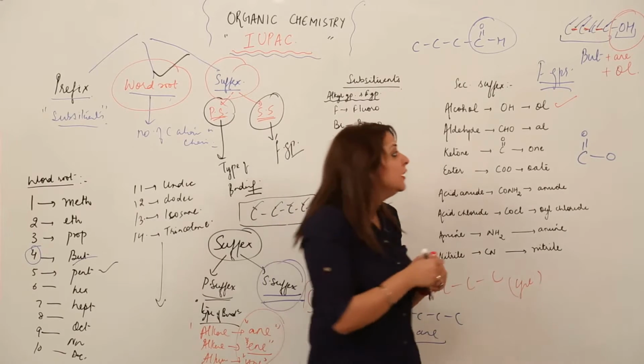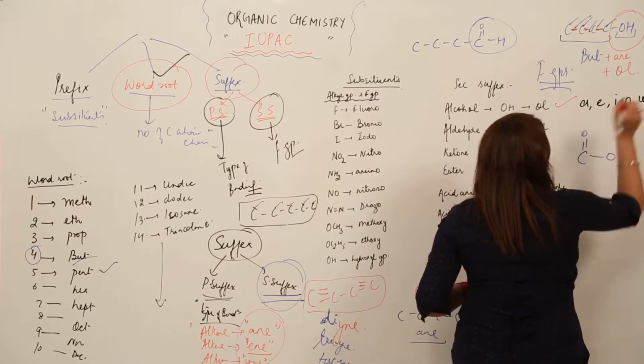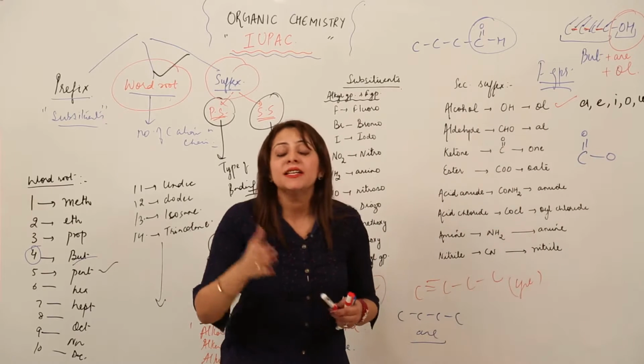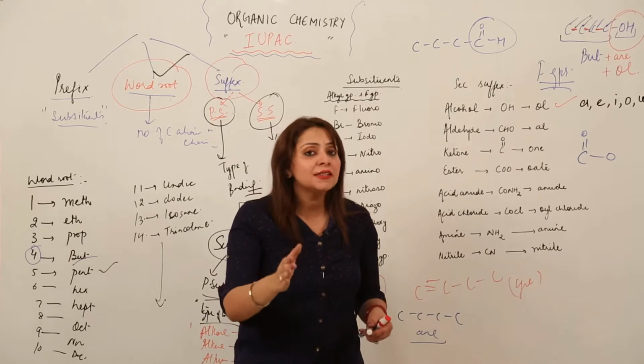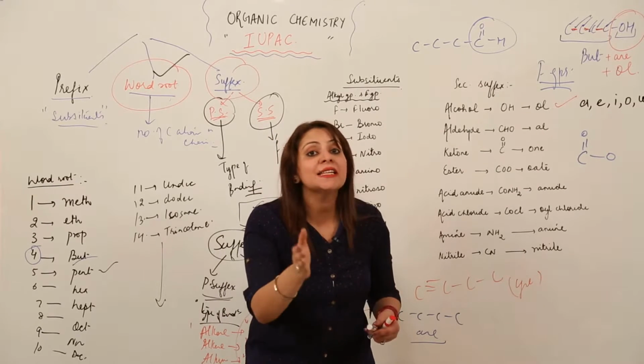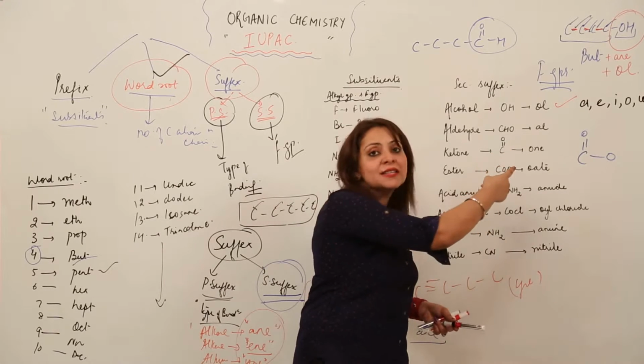I think you are clear that vowels are A, E, I, O, U, right? So in this case, the secondary suffix starts with which letter? O, right? And is it a vowel or a consonant? Yes, it is a vowel. So that means the rule which I am going to tell you will be followed in this case, right?